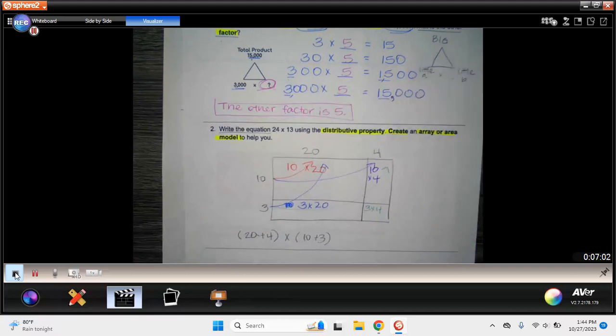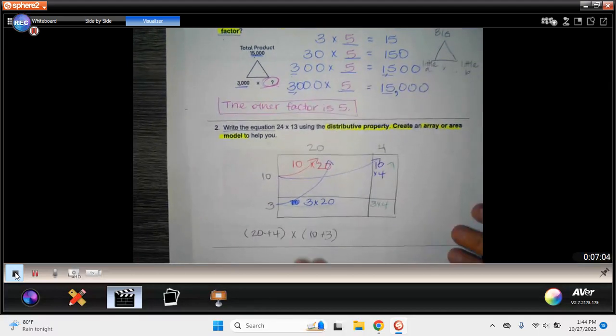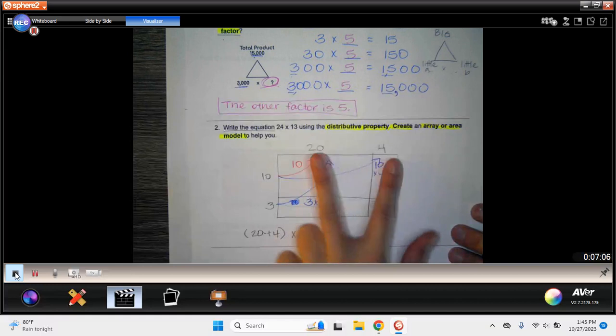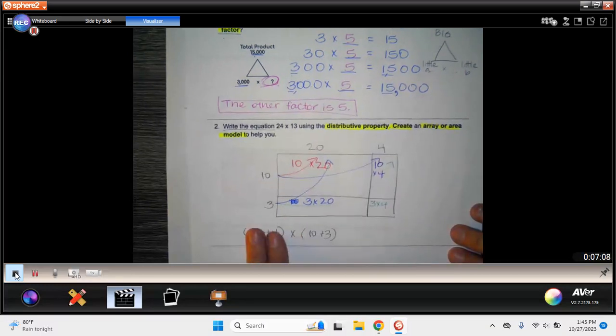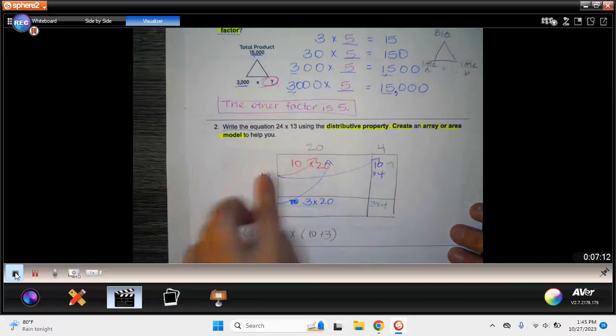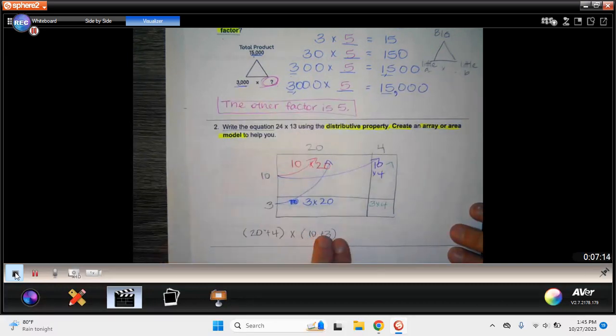And that is how you write that down, because I know that 20 plus 4 is 24, putting that together and associating that together. And then 10 plus 3, the 13 is 10 plus 3, and associating that together. We're making sure that we take those associations and grouping them together. They were added together, and we need to multiply those two groupings.